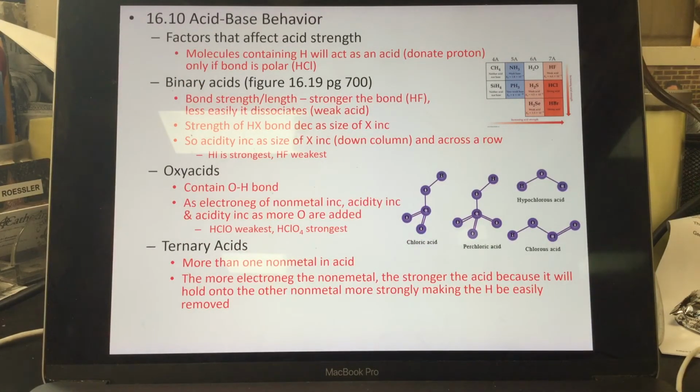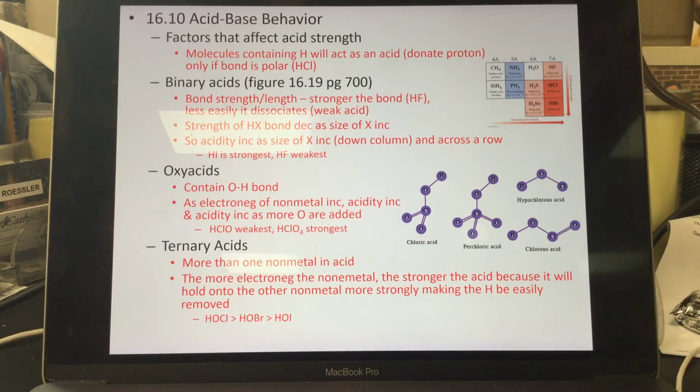The more electronegative the nonmetal is, the more it will hold on to the other nonmetal, making the bond between the other nonmetal and the hydrogen a lot weaker, so that hydrogen can be more easily removed, which again is how we describe a strong acid: it's able to donate or lose that hydrogen ion much more easily.